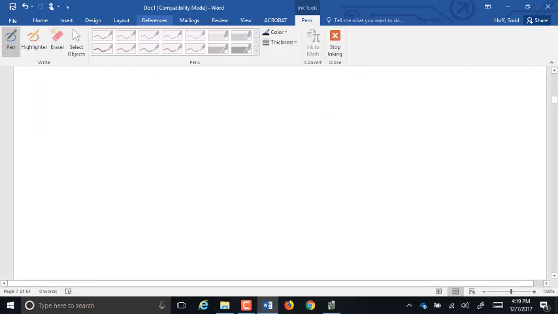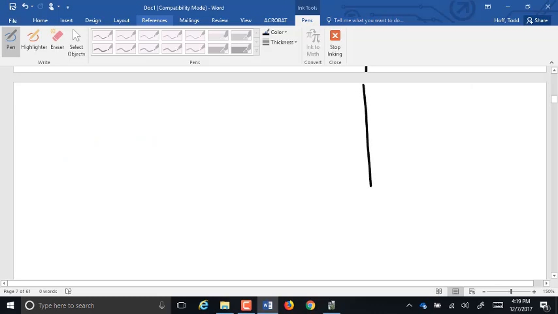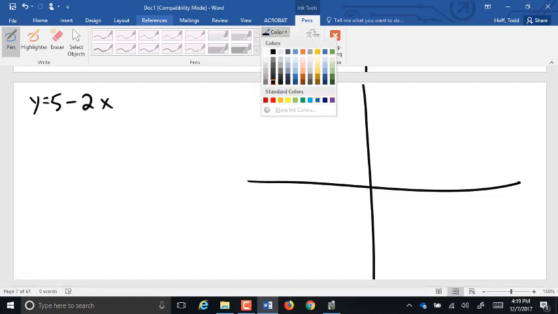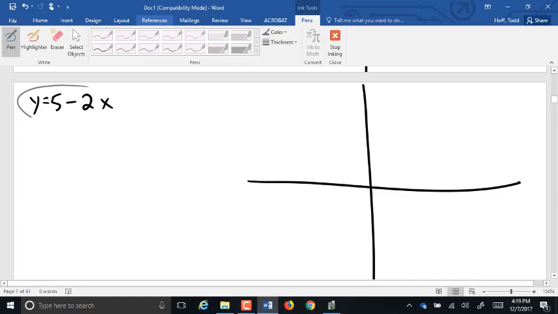Let's graph some more examples here. So here, where do I start graphing this one? Yeah, it's in a different order, but it's still the -2 that is multiplying x. So that's got to be the slope. So it's the 5 out here. It's a positive 5. So it's plus 5.